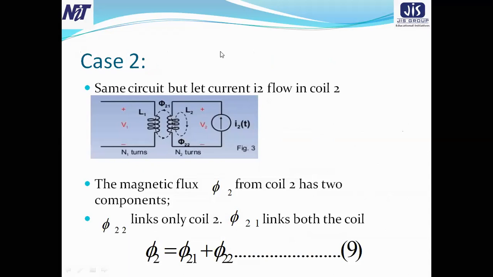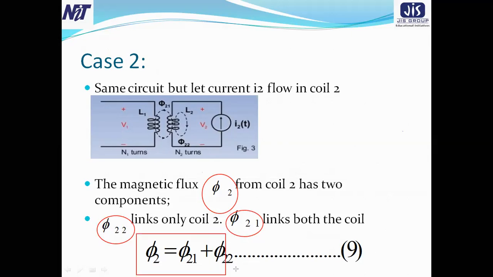The magnetic flux φ2 from coil 2 has two components: one is φ22 and the second one is φ21, which links both coils. So we can say that φ2 equals φ21 plus φ22.